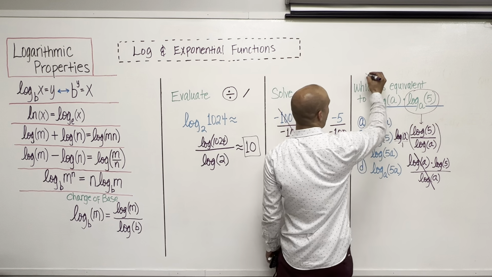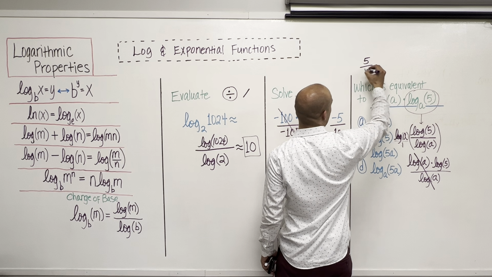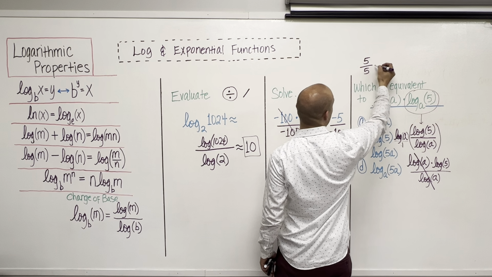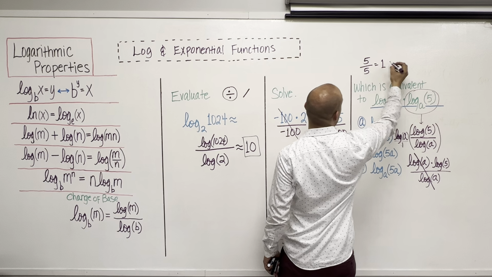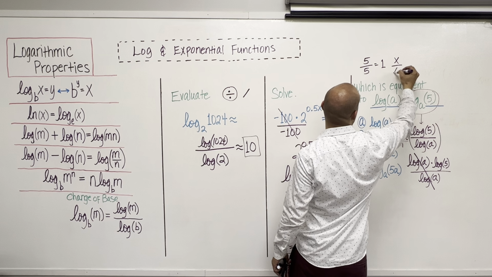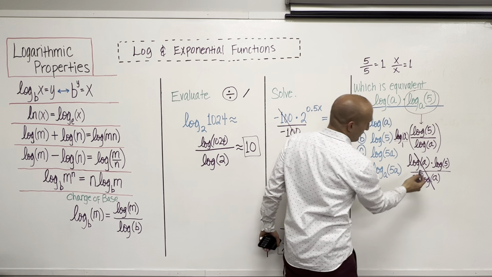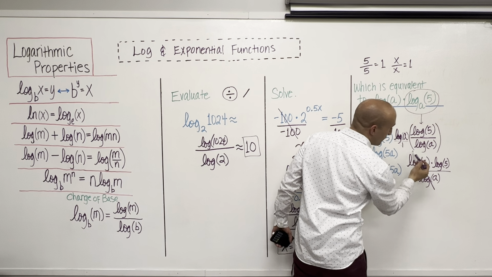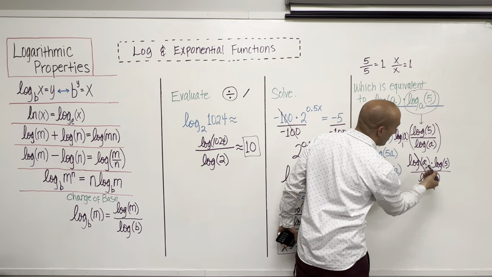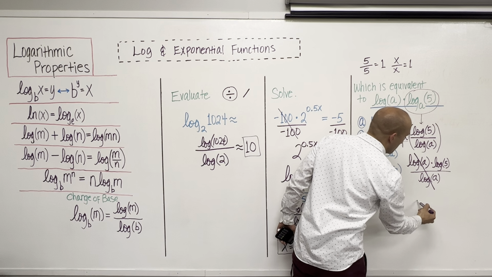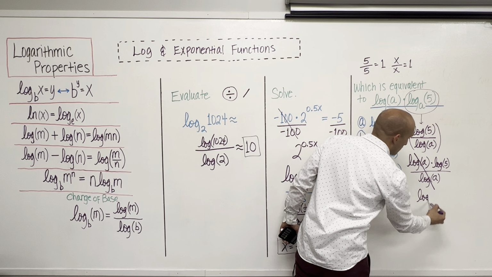It's like saying 5 divided by 5. Same quantities always equal 1. If I have x divided by x, same quantities, it equals 1. So I'm left with 1 times all of this, which is just log of 5.